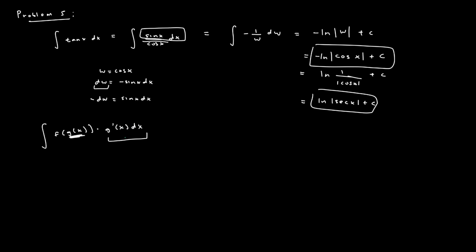And we make the substitution of u is equal to g of x, and we get that du is equal to g prime of x dx. And then we're able to rewrite this whole thing as f of u du, and hopefully whatever new form we have this in is something that we know how to integrate.